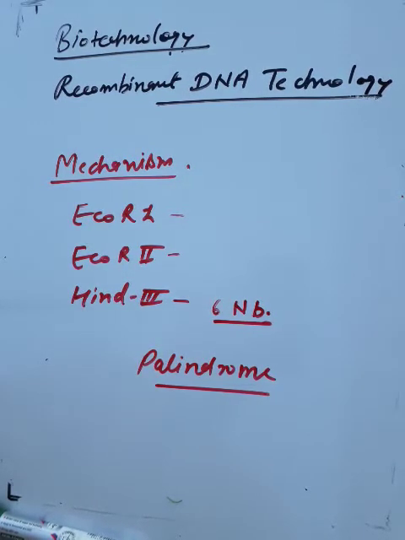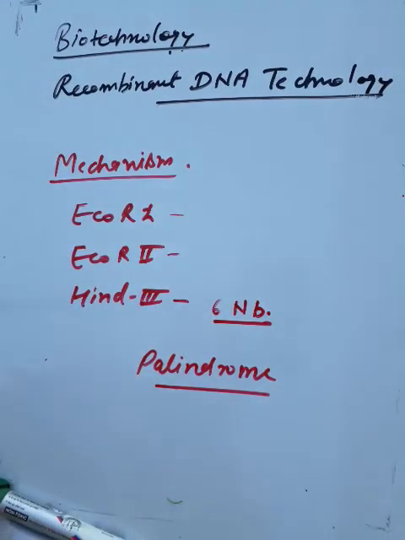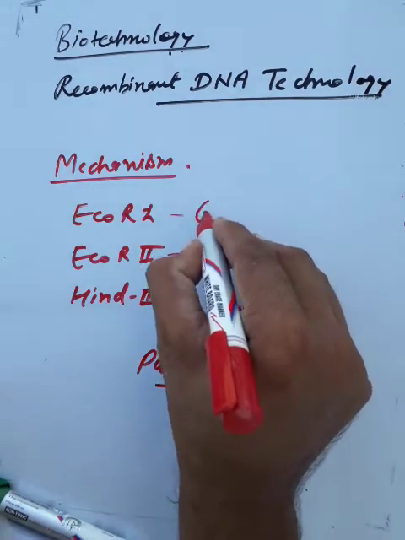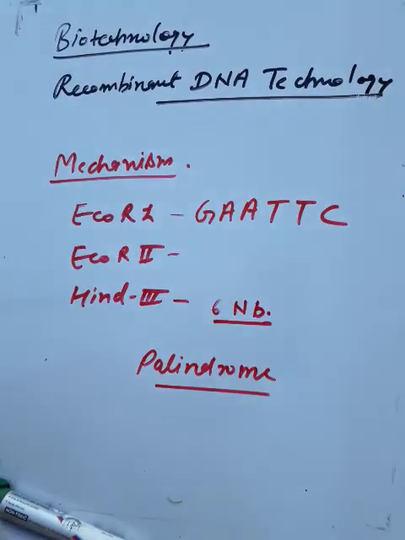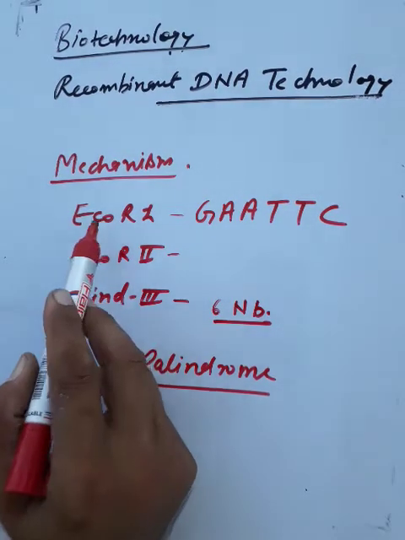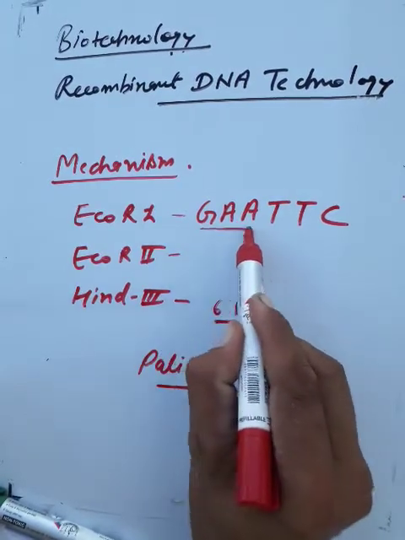This restriction endonuclease enzyme identifies the DNA segment from these specific base pairs. How many base pairs? 6 base pairs. For example, EcoRI has which specific base pair group? G, A, A, T, T, C. The enzyme identifies DNA from this specific base pair sequence.